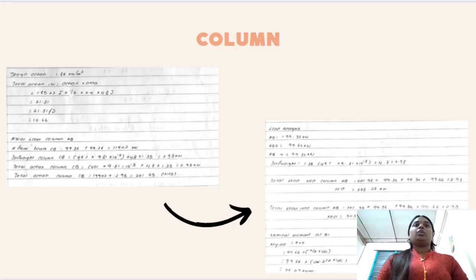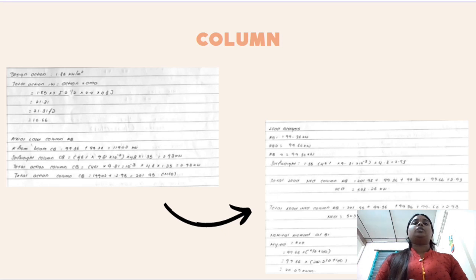The action load on column AB from beam CB is 99.36 plus 99.26 equals 119.02 kN, and the self weight of column CB is 46.1 times 1 times 9.81 times 10 to the minus 2, times 4.3 times 1.35, which equals 2.93 kN.